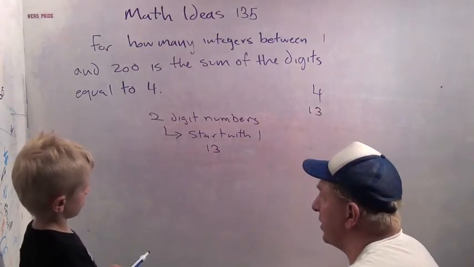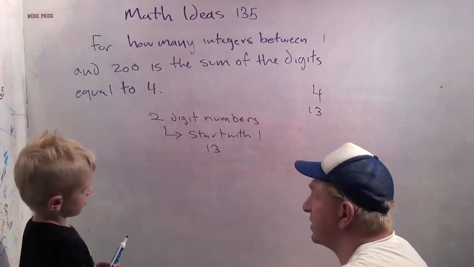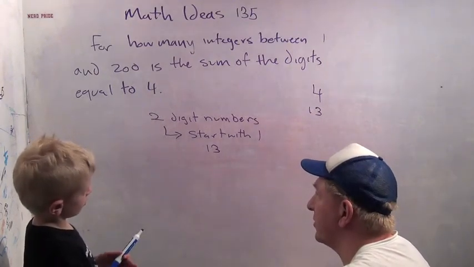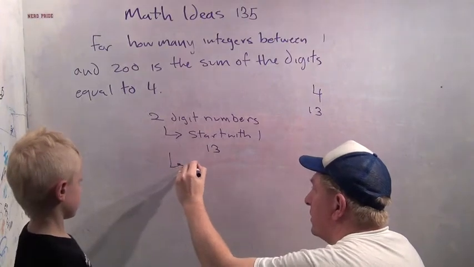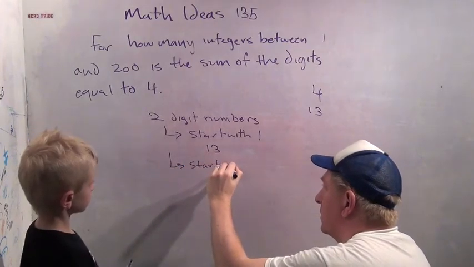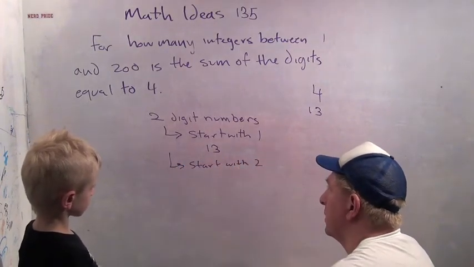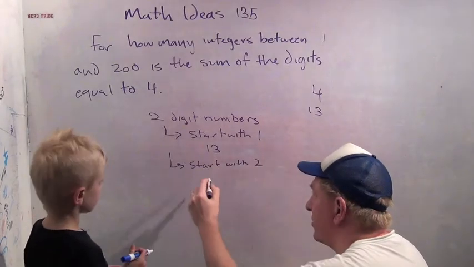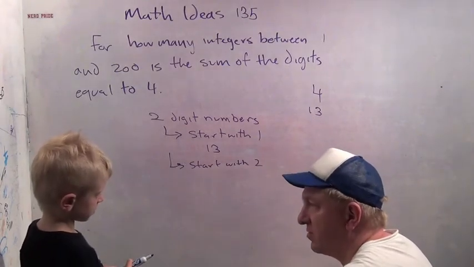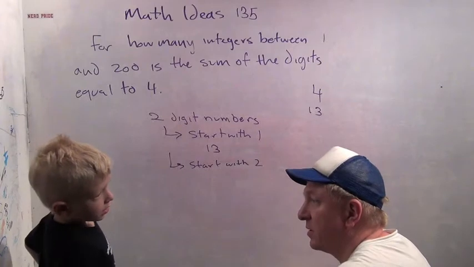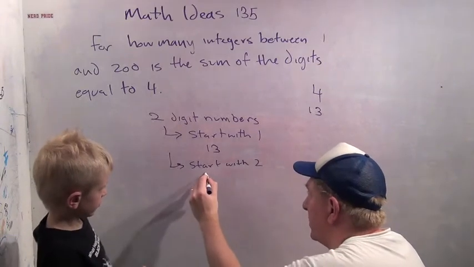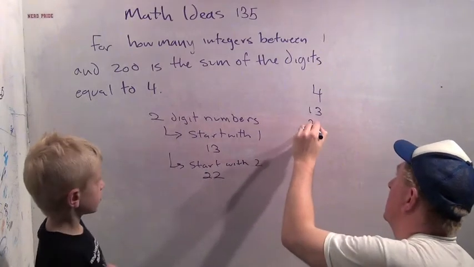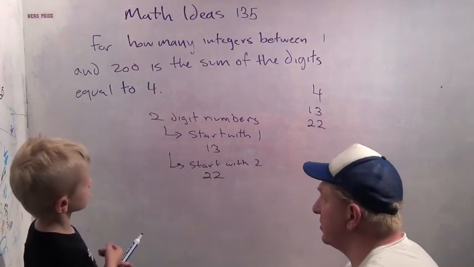And what numbers are we going to go to next? The two-digit numbers that start with 2. What two-digit number that starts with 2 has sum of the digits equal to 4? 22.